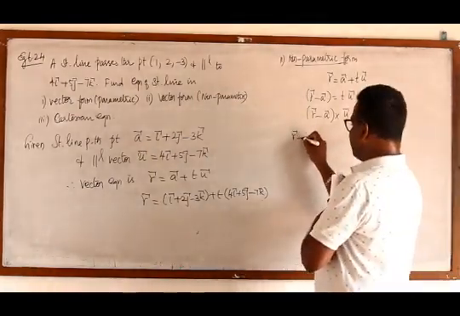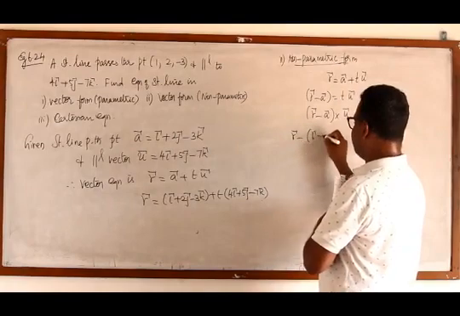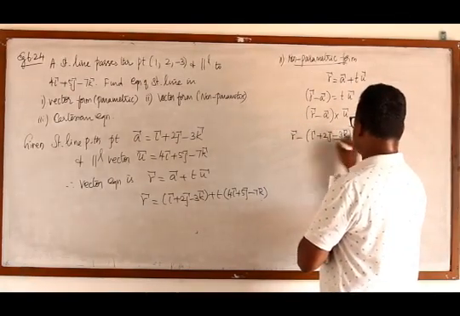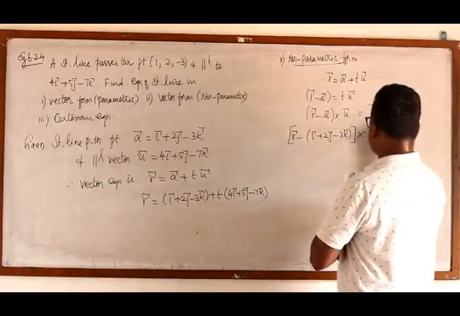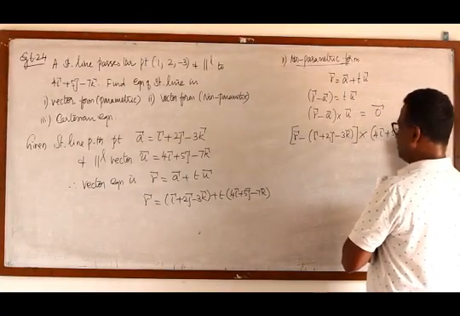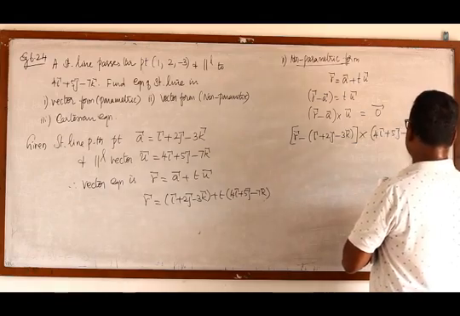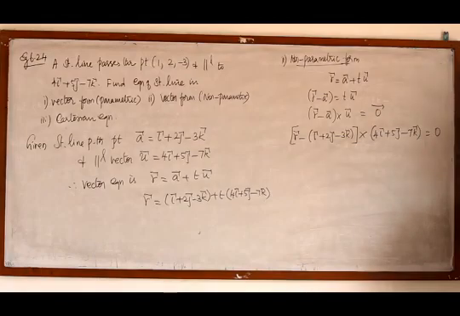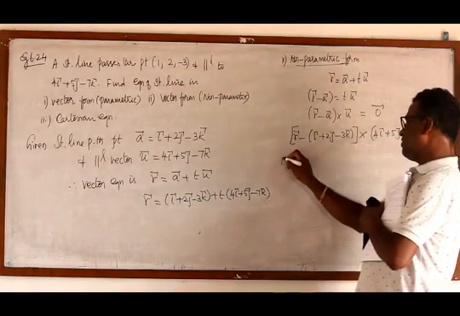That is, ((r - (i + 2j - 3k)) cross (4i + 5j - 7k) = 0. This is the non-parametric form.